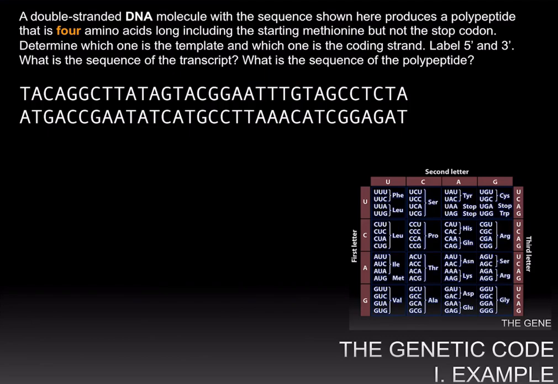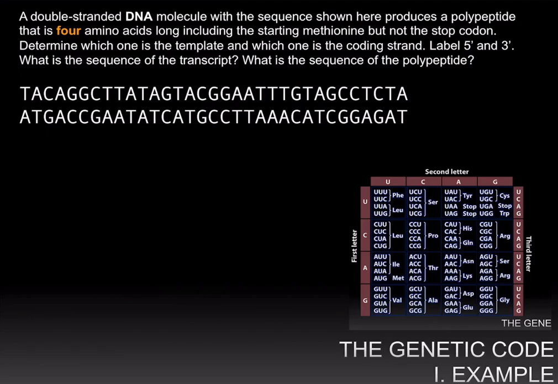Now, let's recall that this is a double-stranded DNA molecule, and either strand could be the template, or conversely, either strand could be the coding strand. And since it's easier to see the RNA sequence in the coding strand, because the sequence of RNA is the same as the sequence of the coding strand, except the T's are replaced by U's, we should start by looking for start codons.